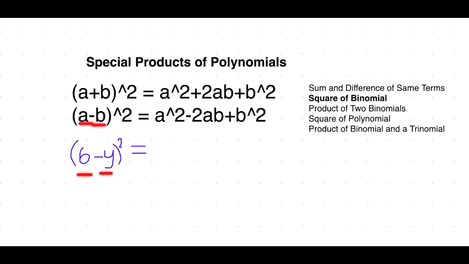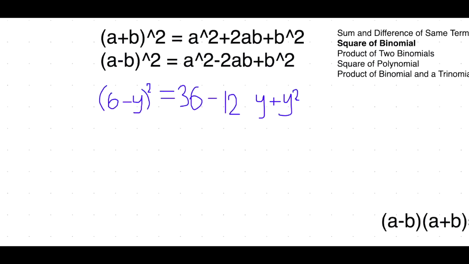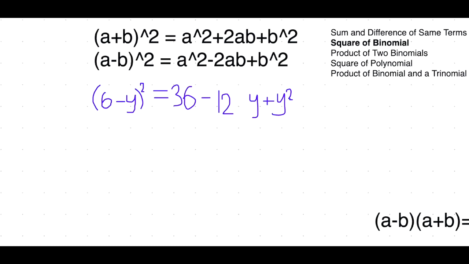So we would do a squared, which would be 6 squared, which is 36, minus 2 times 6 times y, plus y squared. Rewriting 2 times 6 as simply 12, our answer will be 36 minus 12y plus y squared. And we can verify this by expanding the bracket.